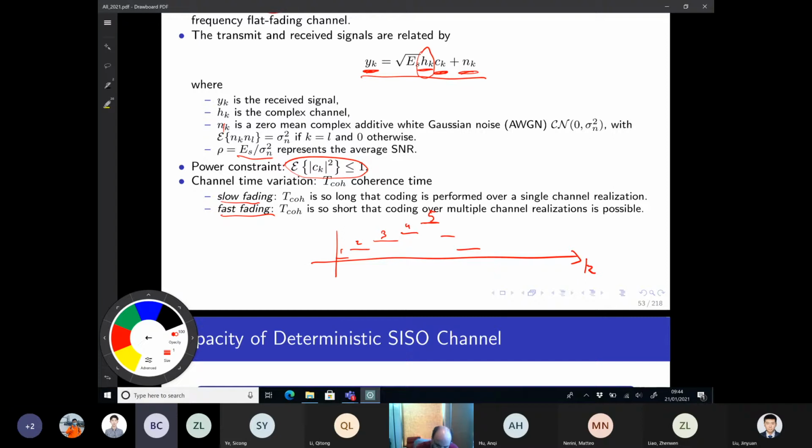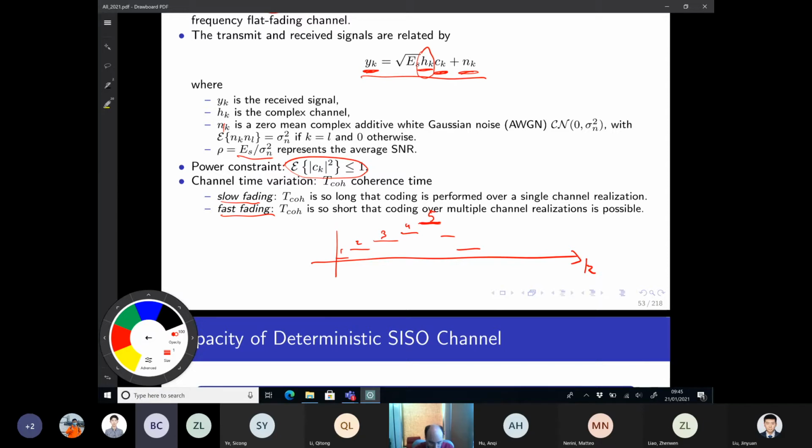In the slow fading case, the channel is constant over a certain block, which means the output of my encoder, so my block code, will be transmitted over a single realization of the channel. I will transmit an encoded packet over a single realization.